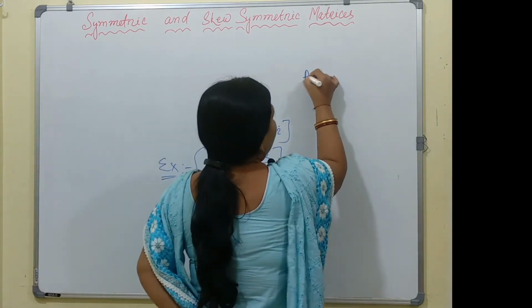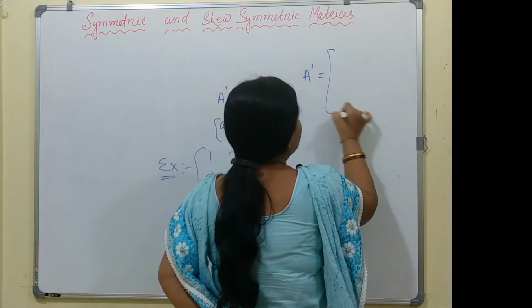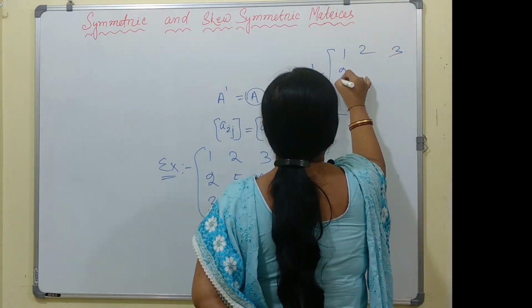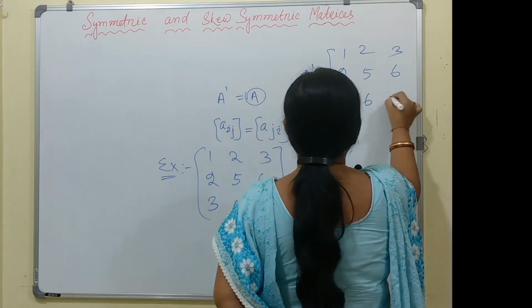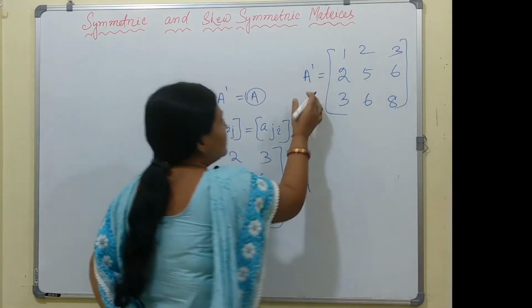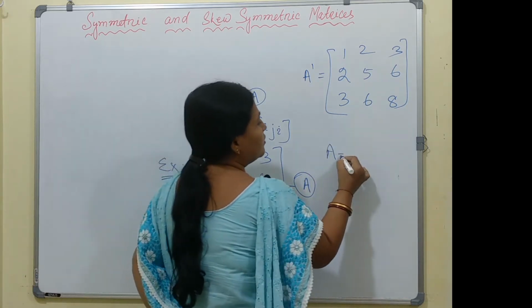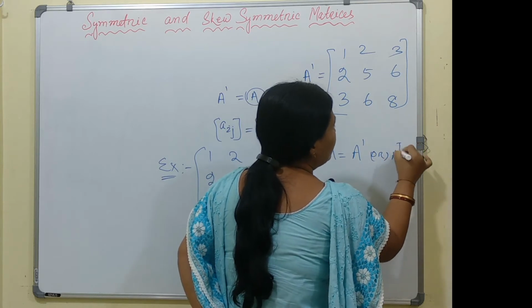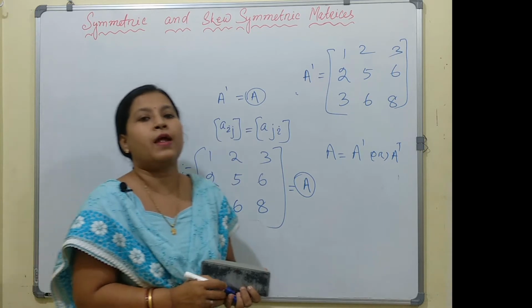So we have to find A dash first. A dash is equal to 1, 2, 3, 2, 5, 6, 3, 6, 8. This is the same as matrix A. So here A is equal to A dash or A transpose. So this matrix A is called a symmetric matrix.